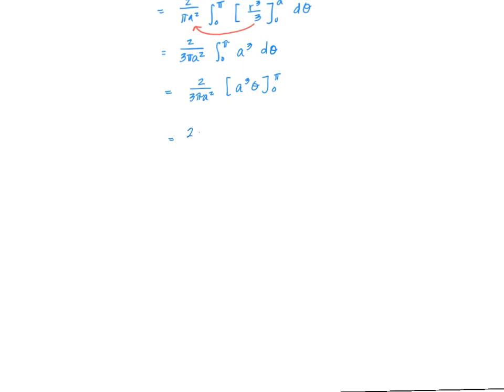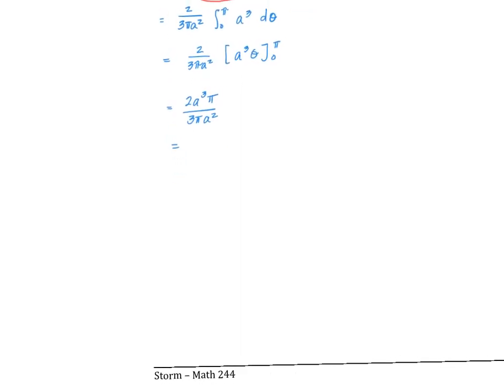So I have 2a to the third pi over 3 pi a squared. And simplifying, canceling out the pi, this becomes 2a over 3.